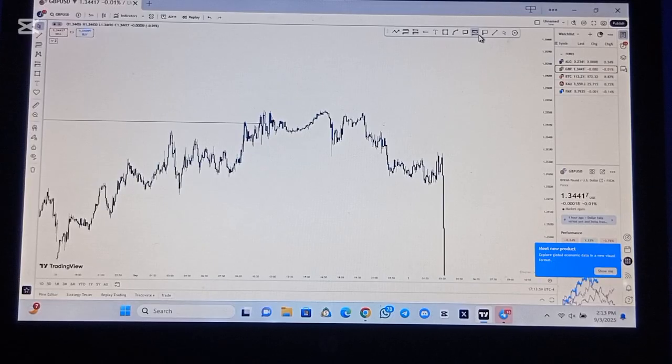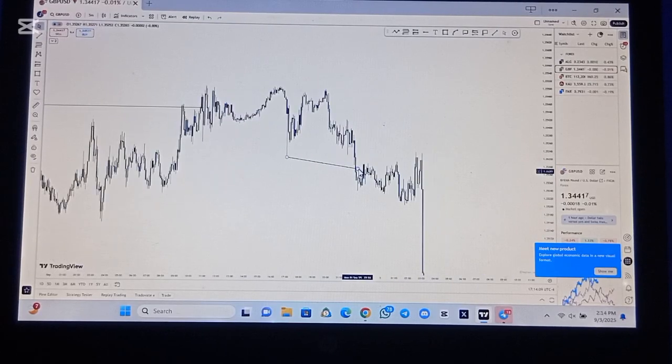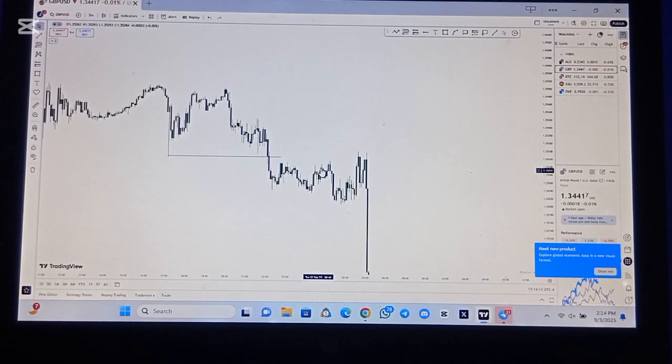We've seen numerous breaks of structure from here, and it's quite simple that there are fair value gaps that support price. So if you were to take from here, we have this fair value gap that supported price. That was a very miniature touch, but if you were to keep that, you will see it going.